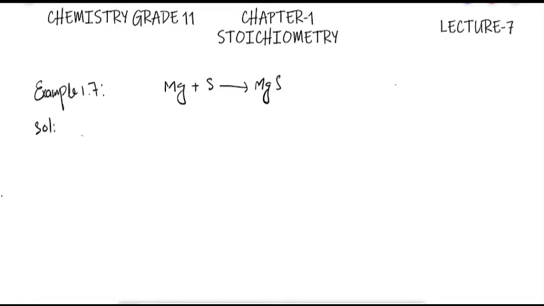So in the solution, first we have to write the given data, and the given data is the amount of magnesium and sulfur in grams. So magnesium is equal to 1.50 grams and sulfur is equal to 1.50 grams.